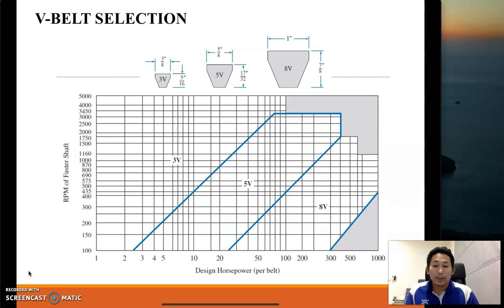For the belt selection, for 3V, 5V, and 8V, we are referring to the speed and also the horsepower. So this is the given speed, RPM, and this is the horsepower that we are using.